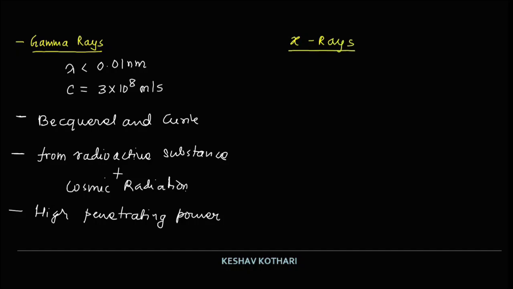Now if we talk about X-ray, the wavelength range for X-ray is from 0.01 nanometer to 10 nanometer. It also travels with the speed of light, and this was discovered by Wilhelm Conrad Rontgen. The X-ray was discovered as a converse phenomenon of the photoelectric effect.